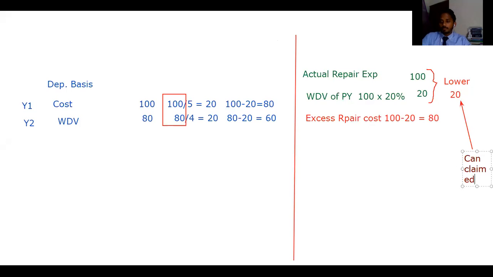Claimed allowable amount, that means the allowable amount, right? Then this 80, what do you have to do? Anyone can come in?